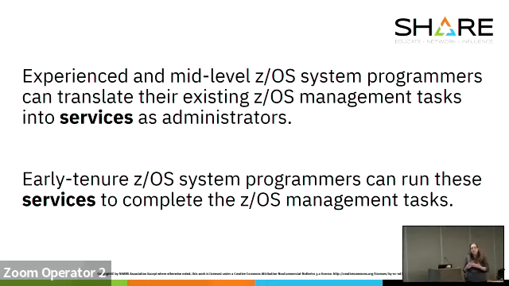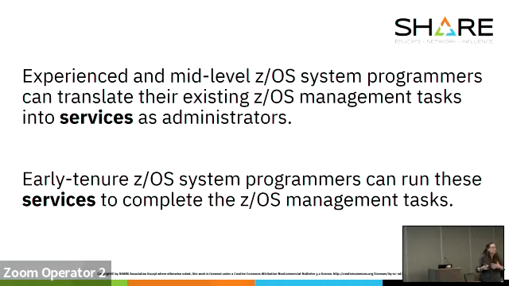And what's beautiful about this is when the administrators put the services into the catalog, it is customized for the requirements of your enterprise. So let's say the high level qualifier of all of your ZFS file systems has to start with OMBS. That's what we do on our systems.